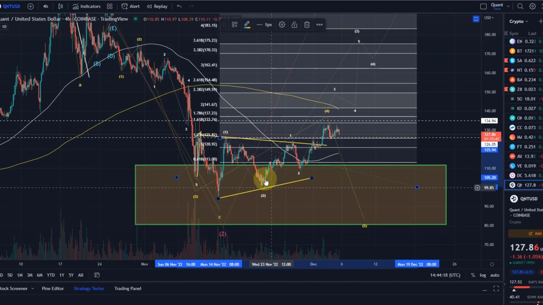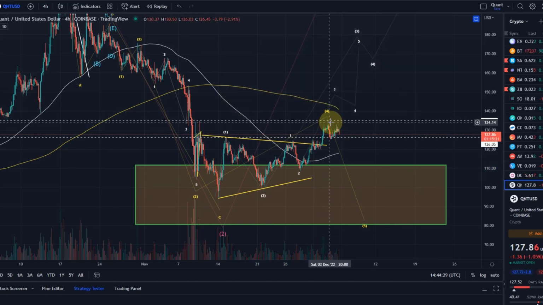You can see that we've reached the 1.618 extension now. That's an ideal target for a wave Y. So that's the reason why we're hovering there.